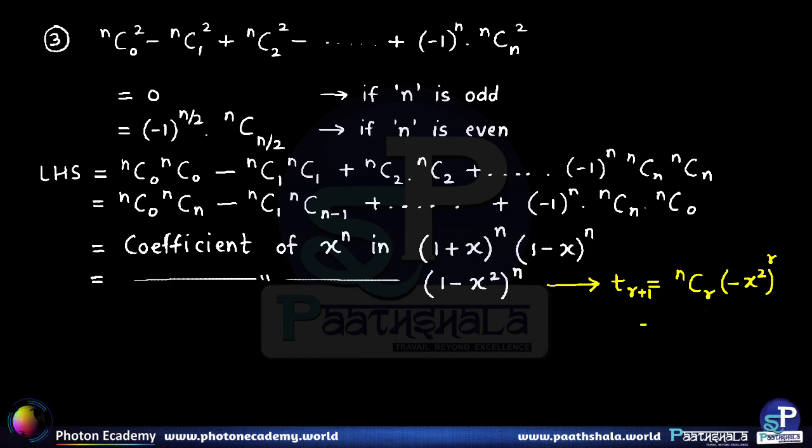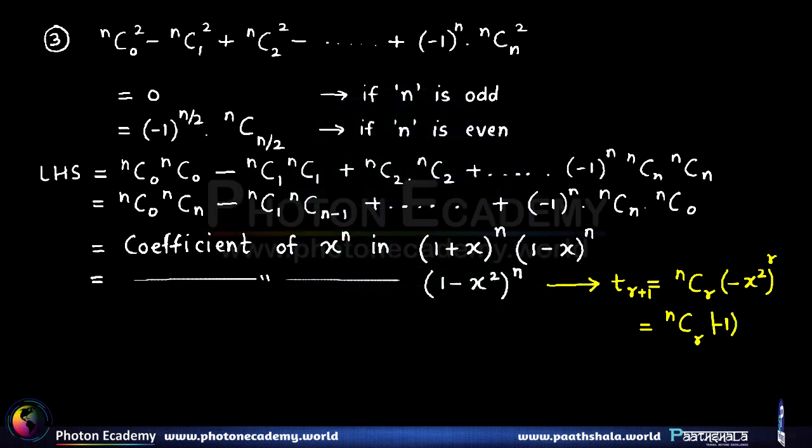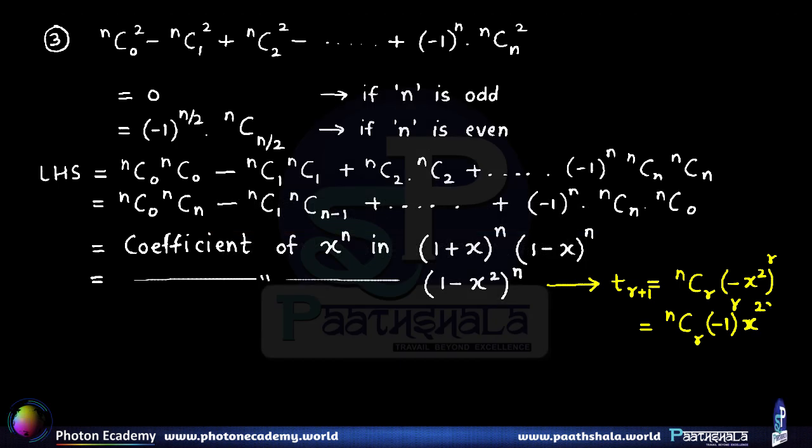So just rewriting that, we have nCr into minus 1 raised to r into x raised to 2r.